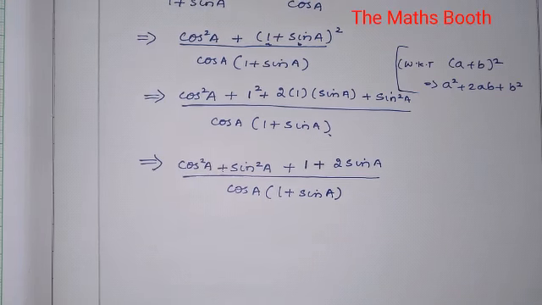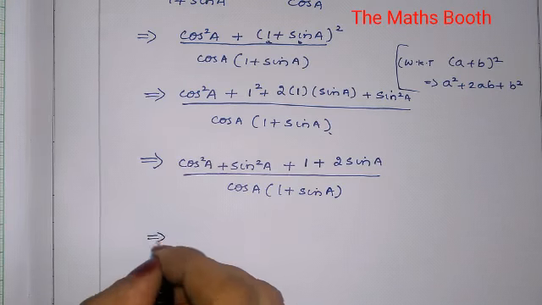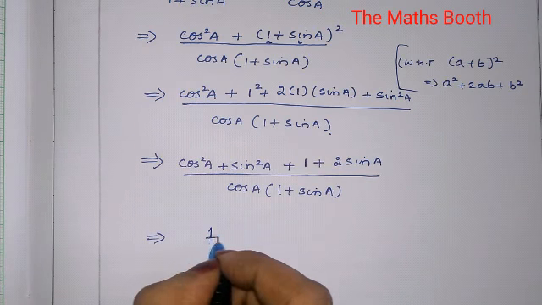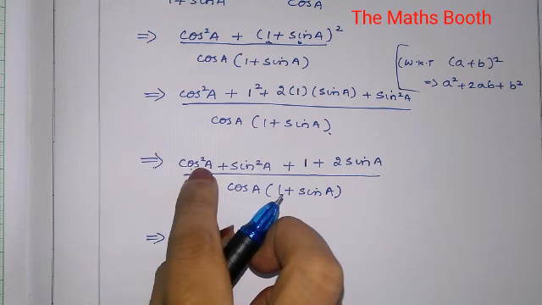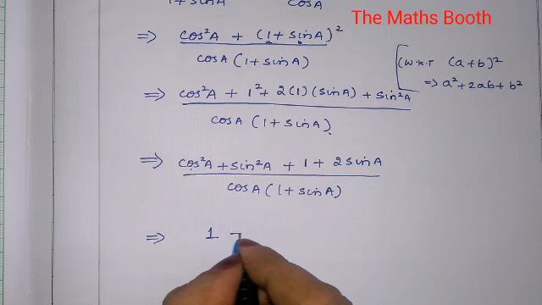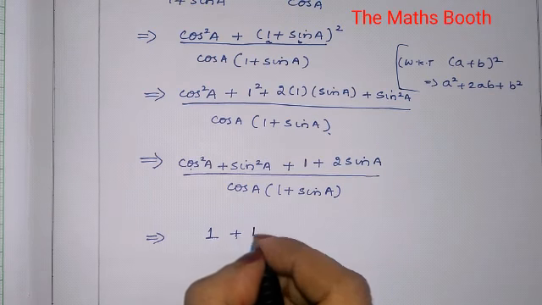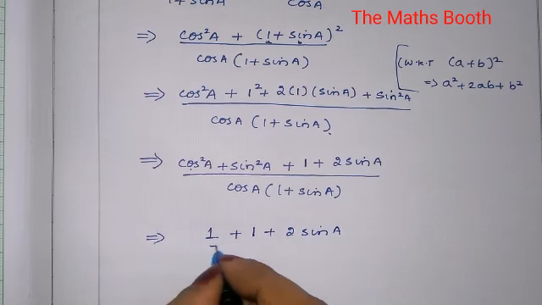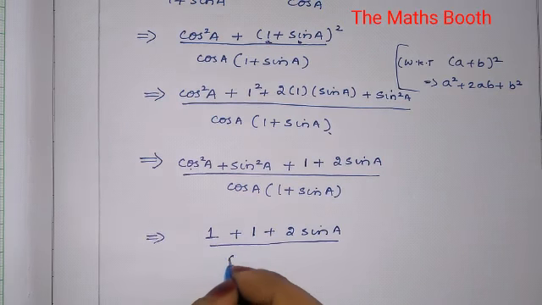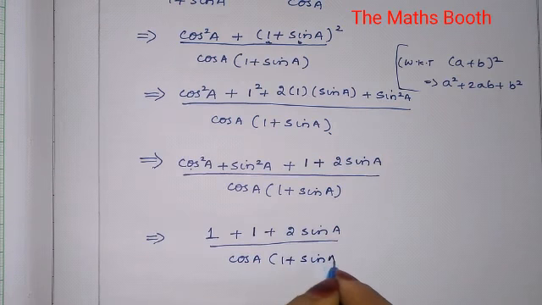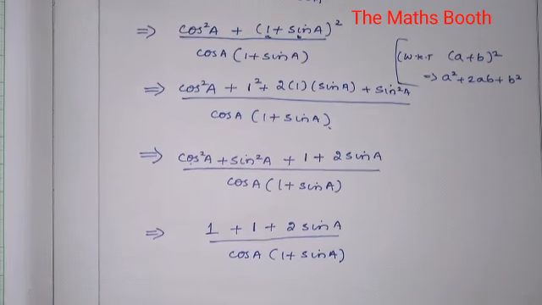In the next step now, what we have to do, cos square A plus sin square A we have to consider it as 1, because we know the identity. In place of cos square A plus sin square A I am writing 1, plus 1 more 1 is there as it is, plus 2 sin A as it is, upon denominator cos A into 1 plus sin A I have kept as it is, because we have to bring the answer now.